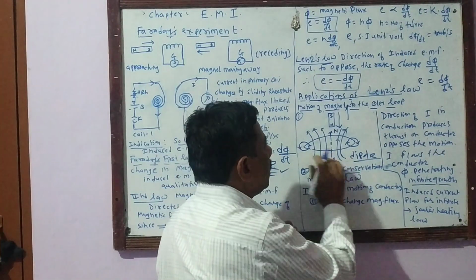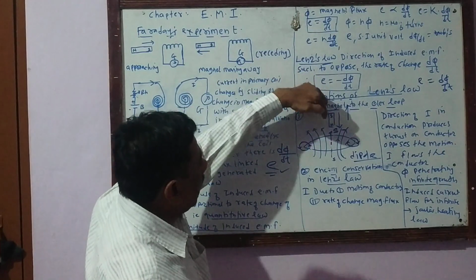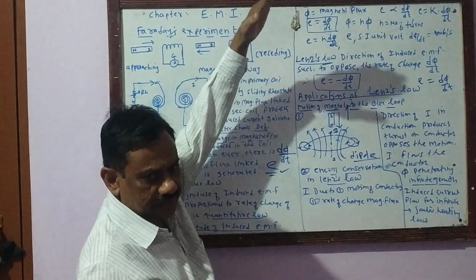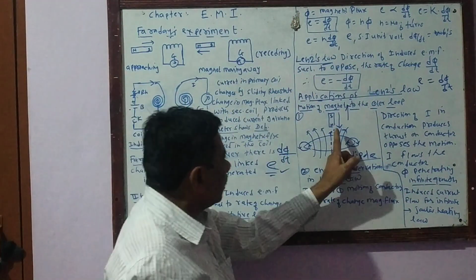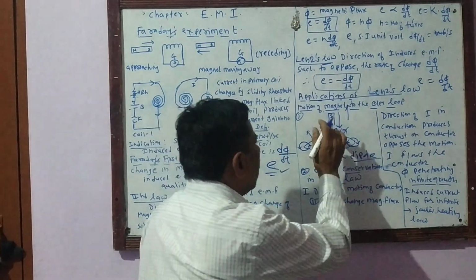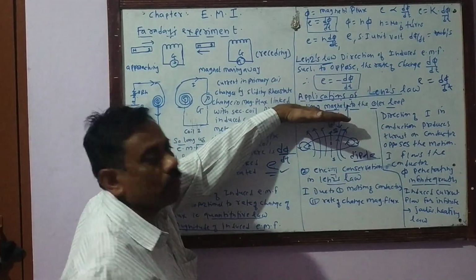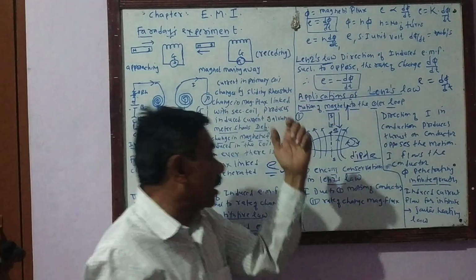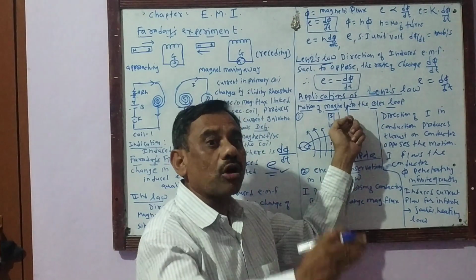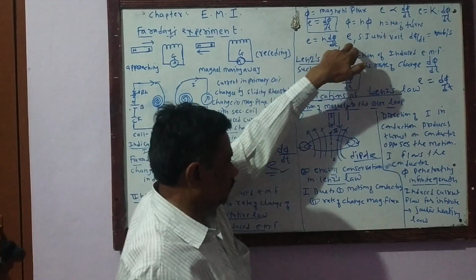The dipole is oriented such that a south pole is developed toward the north pole of the moving magnet, so this south pole attracts the magnet and opposes the motion of the bar magnet. That is, the induced EMF just opposes the rate of change of magnetic flux. This is the explanation of Lenz's law.